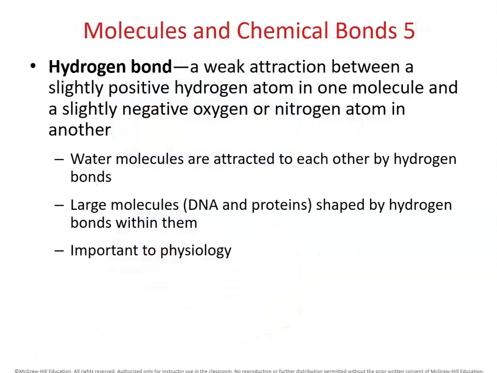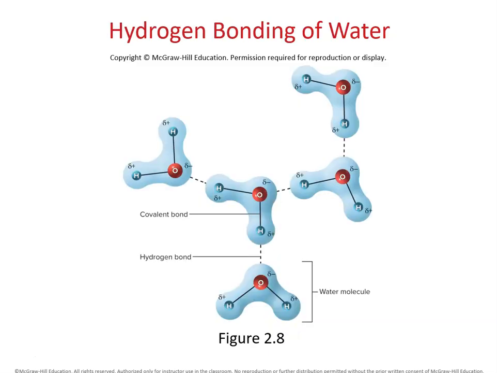All right, hydrogen bonds are super important. Hydrogen bonds are a characteristic of water and give water all of the weird properties that it has, like surface tension, cohesion, and adhesion. So let's look at a water molecule. I have an oxygen and two hydrogens, and this is a polar molecule like we were just talking about.